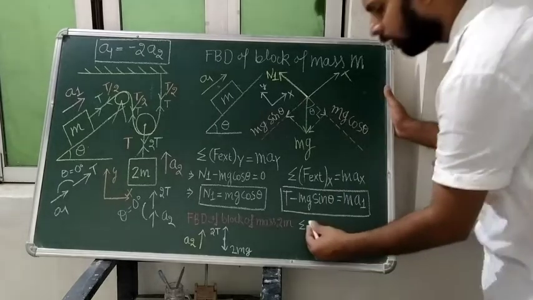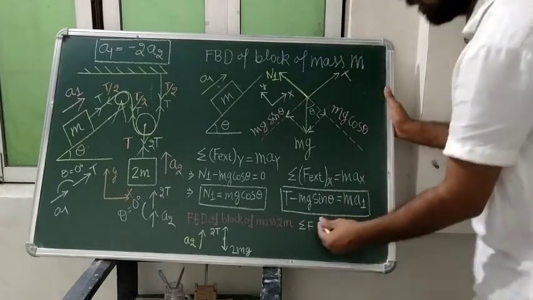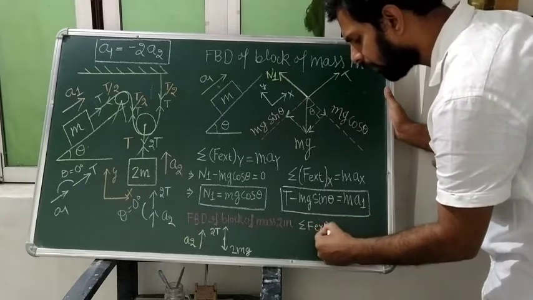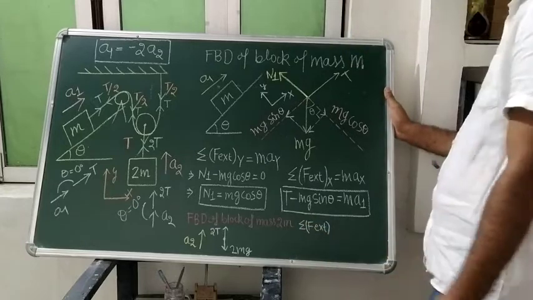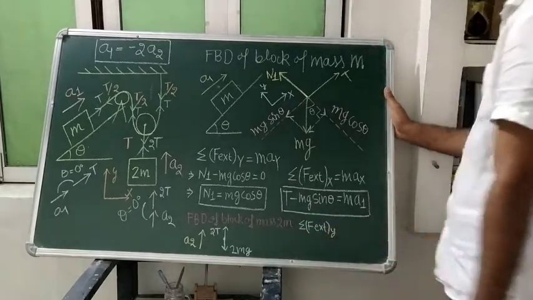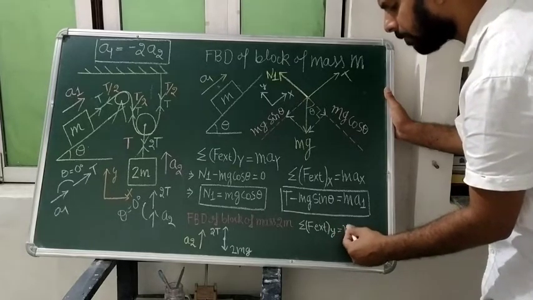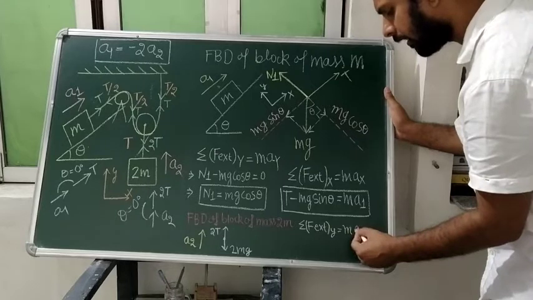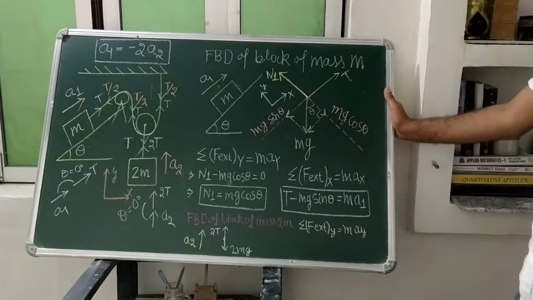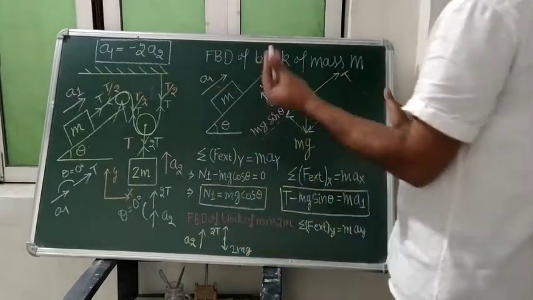So what will we do? The vector sum of F external in the y direction should be equal to what, student? M times acceleration in the y direction. Isn't it? And what are the F external acting in the y direction?